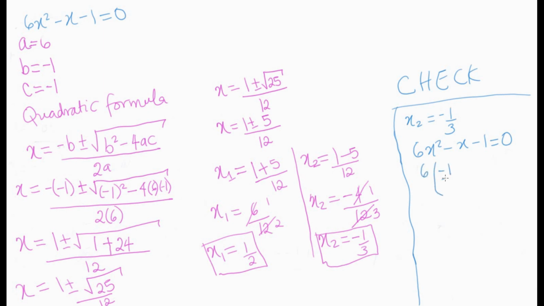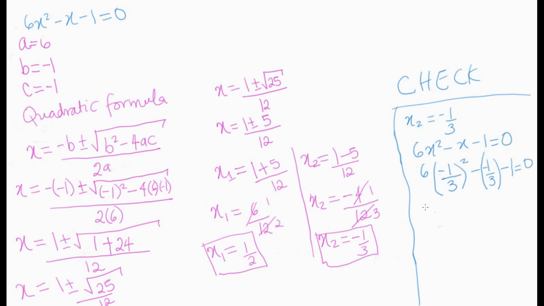So 6 times negative 1 over 3 squared, minus, because this minus comes down here, the x value negative 1 over 3, minus 1 equals 0.